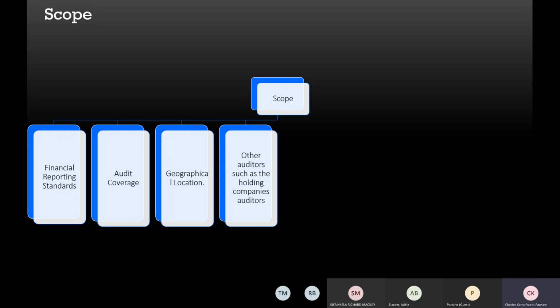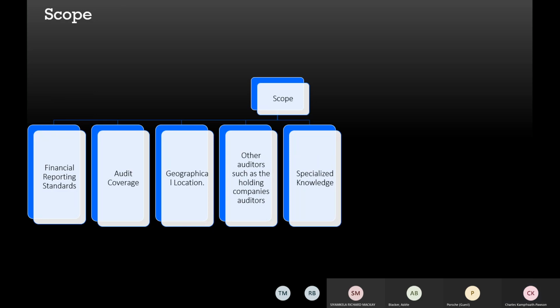We need to determine what other auditors are involved so that we can determine what work they are doing and what we can rely on. If they are already testing all assets of the group, should we test assets? Should it be part of our scope? No, because we can rely. They are also external auditors. The reliance is better than on internal audit.